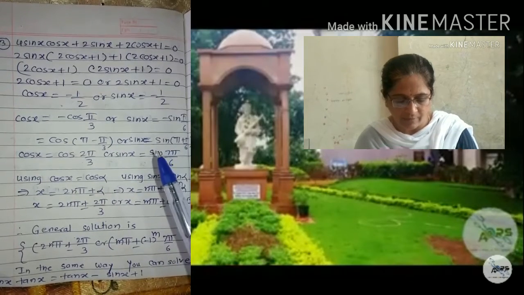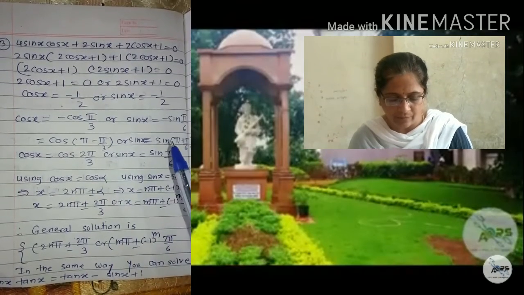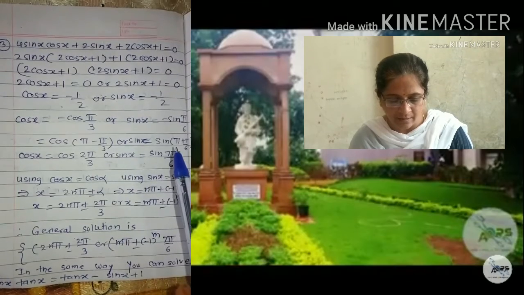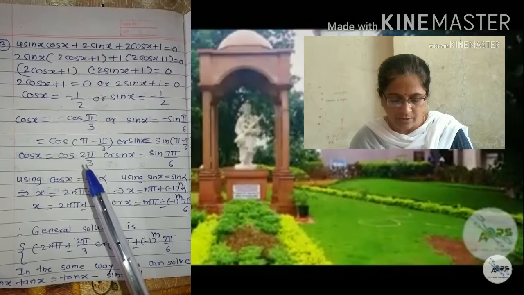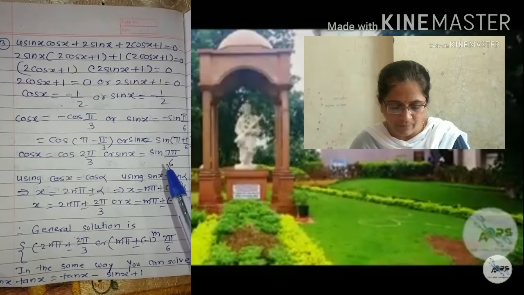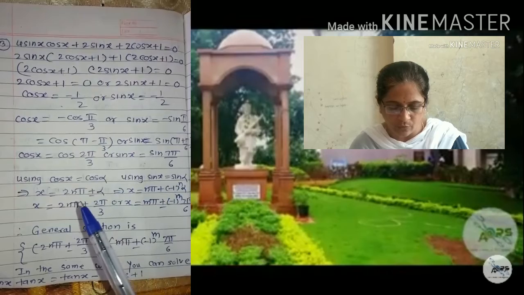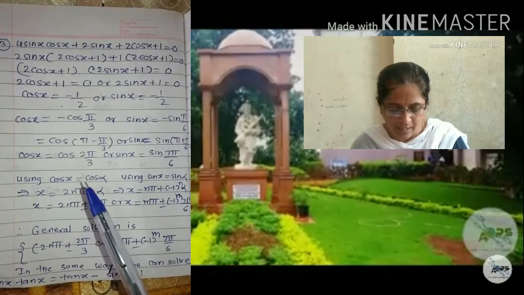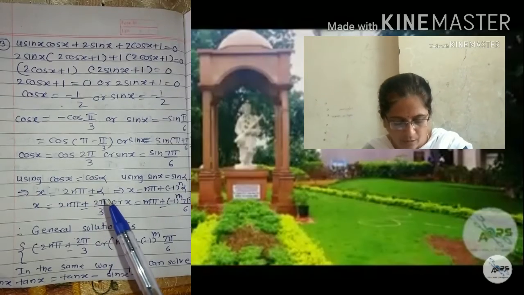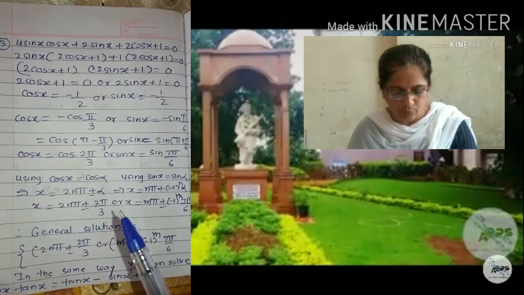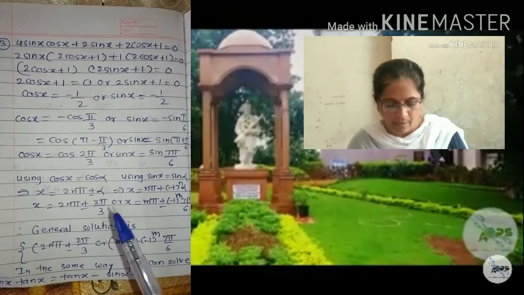In the same way, sine is negative in the third quadrant, therefore sin of pi plus pi by 6. Therefore the value of alpha in cos is 2 pi by 3, and in the sine 7 pi by 6. And we know that cos x equal to cos alpha gives x equal to 2n pi plus or minus alpha, and in the cos the value of alpha is 2 pi by 3.